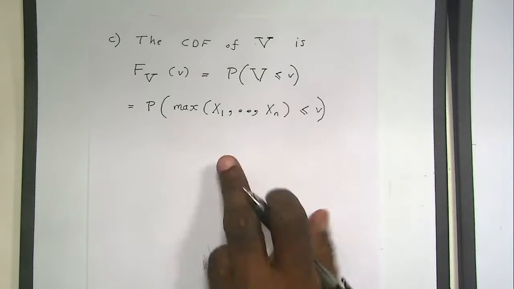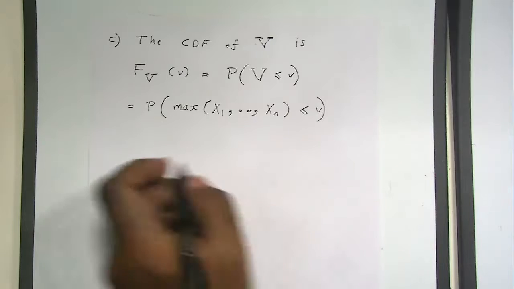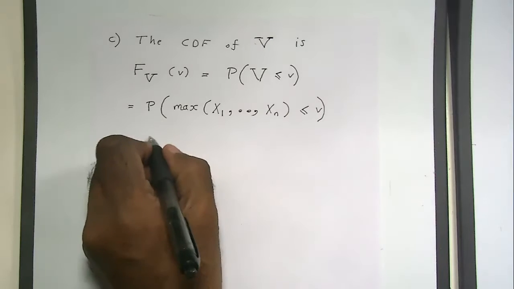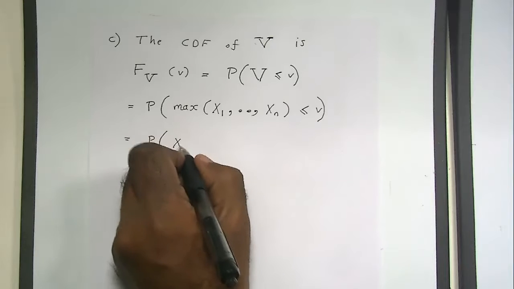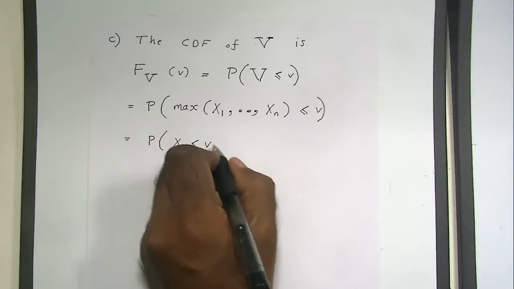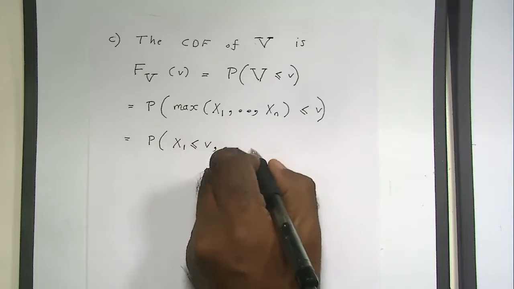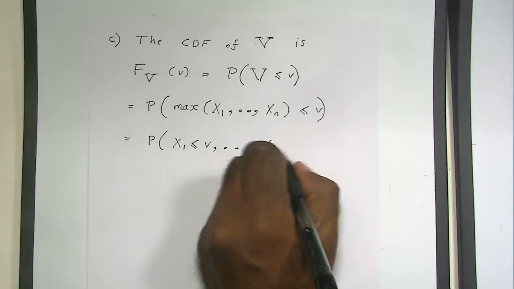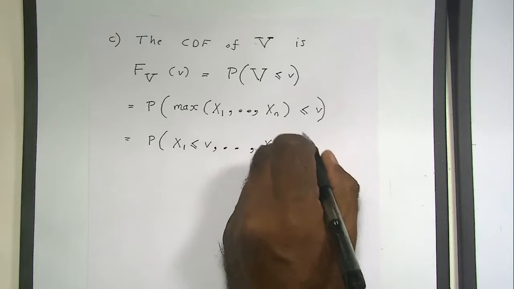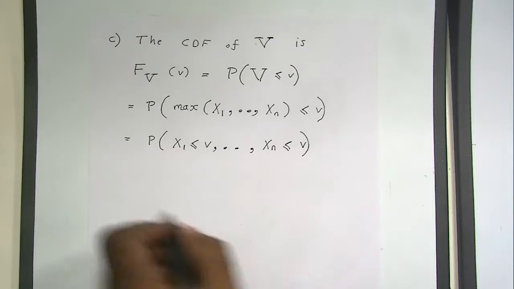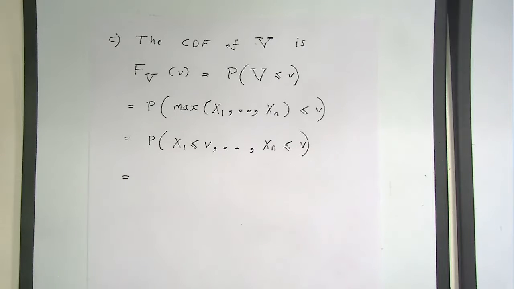Right now, if the maximum is less than or equal to V, then each has to be less than or equal to V. Now let me ask you, what is this from what we did yesterday? What is this probability? What is it known as?